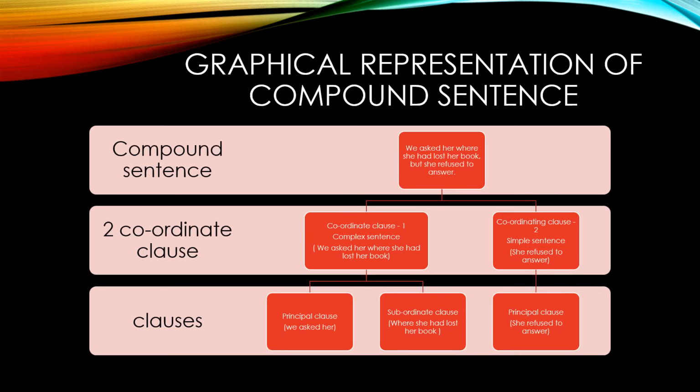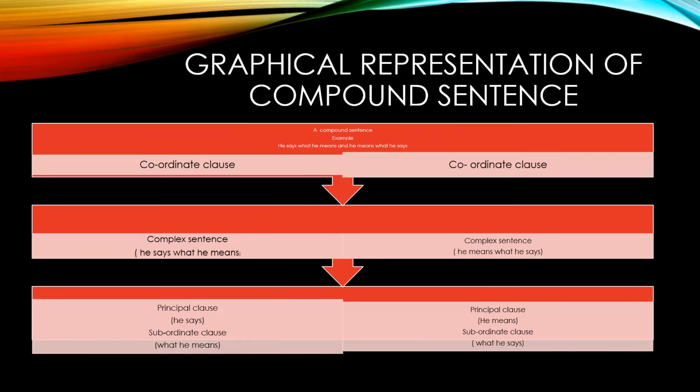So it is considered a complex one. The second part: "but she refused to answer." Here, "she refused to answer" is an independent clause, but it is joined by the coordinating word "but". So a compound sentence has different kinds of combinations.